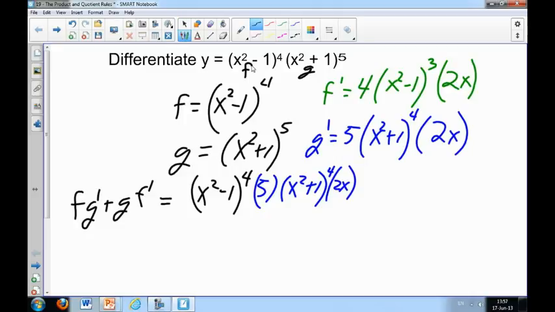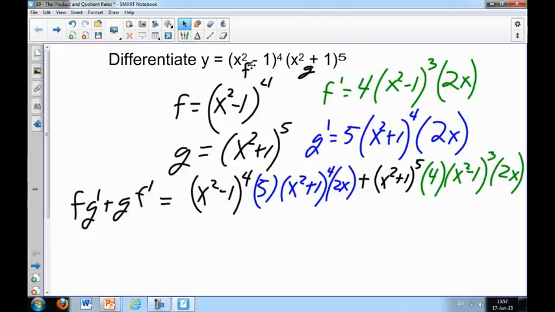Now, we're going to add to that g, which is x squared plus 1 to the 5th power, and we multiply that by f prime, which is 4 times x squared minus 1 to the 3rd times 2x.